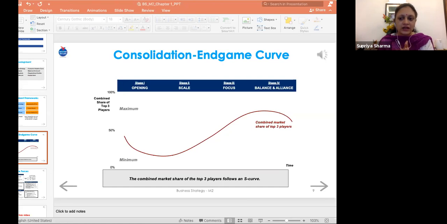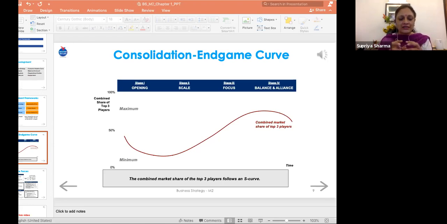So at this point of time, there are more players, not customers, sorry, more players who will begin to emerge in the market, who will gradually start imitating, or maybe they will come up with some products which have their own differentiation also, with small little tweaks here and there. But you will see more than one person.